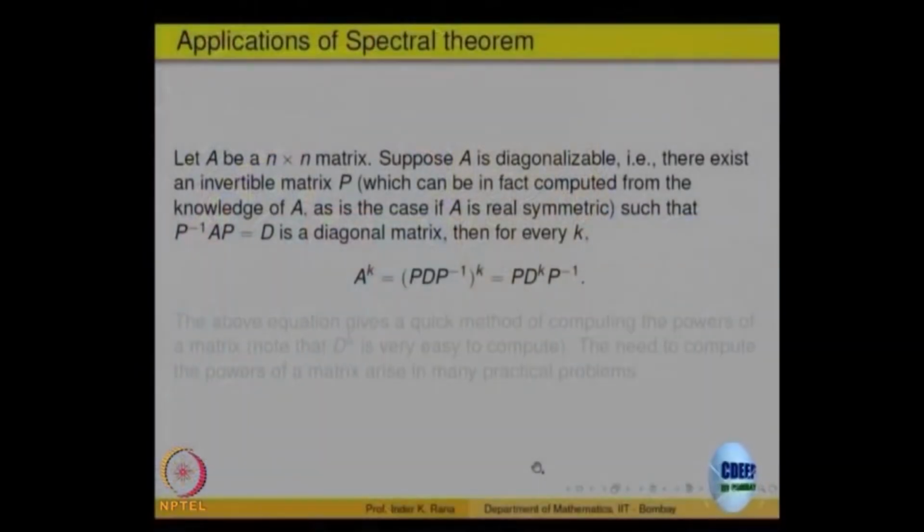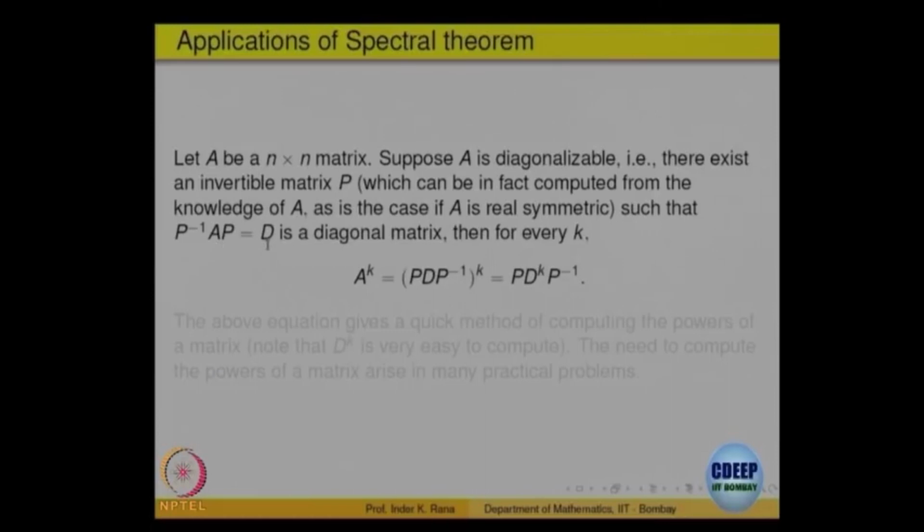So, what are the applications? In the beginning I had said, once you are able to diagonalize a matrix, there are a lot of advantages. Supposing a matrix A is diagonalizable, that means there is an invertible matrix P so that P inverse AP is equal to D. If you want to compute powers of A, that becomes very easy.